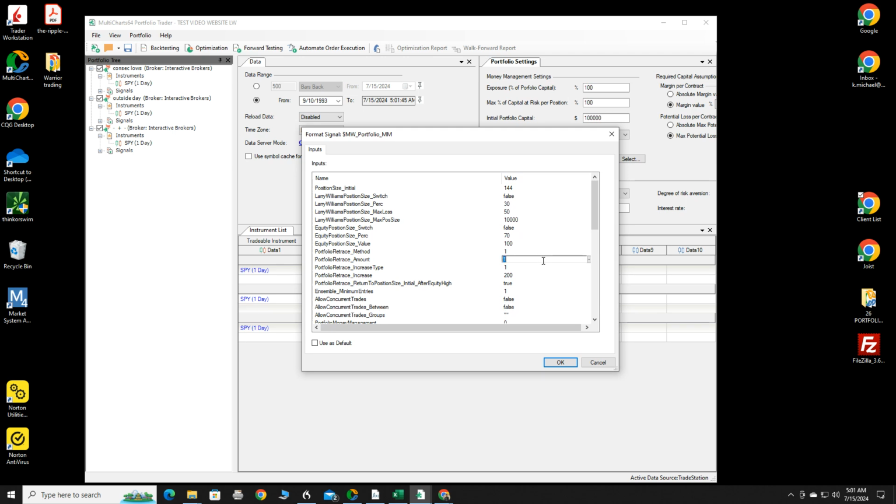I really like this method because it avoids the trap of being at your highest position size when the system is doing great or your portfolio is doing great, and then the inevitable drawdown comes. We don't know when, but we know it comes. That's the way the markets work, and you have your biggest position size on right when you get the biggest drawdown.